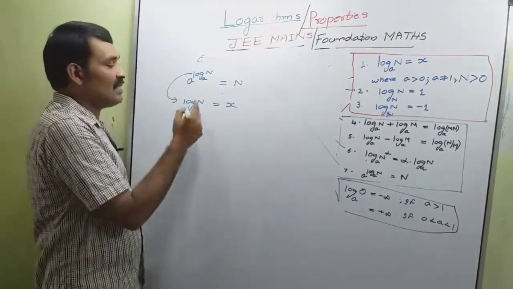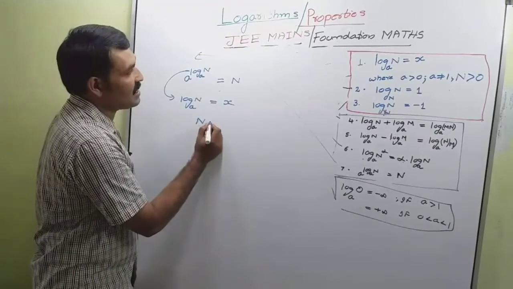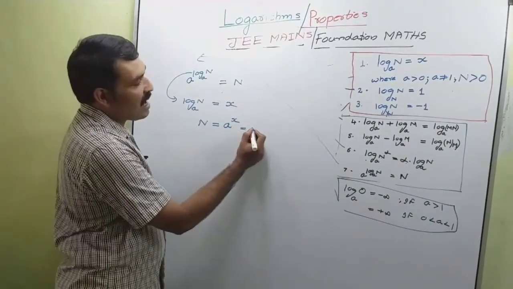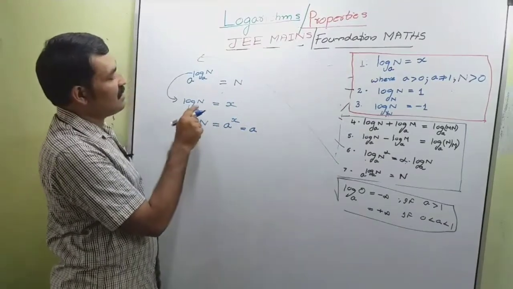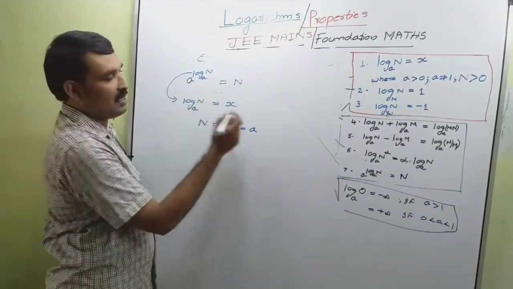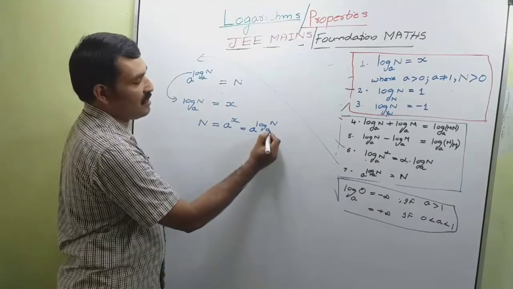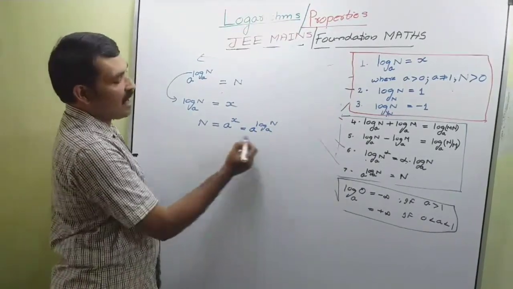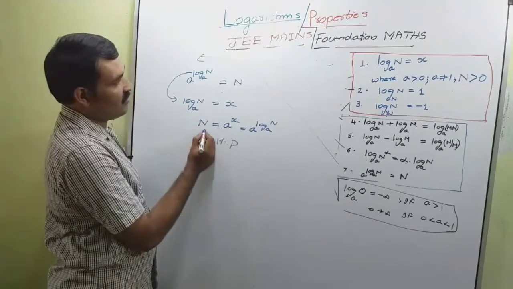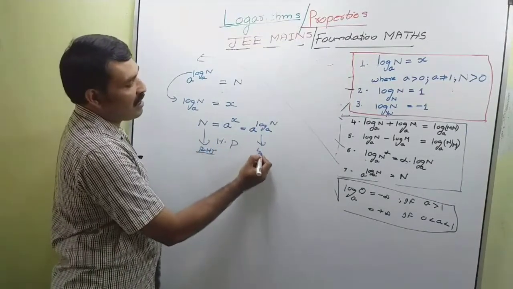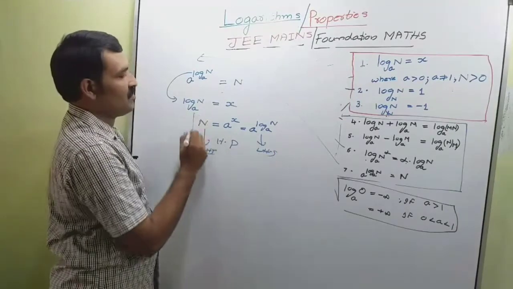Now, we can write this in exponential form as n is equal to a raised to x. This means a raised to x is a raised to log n to the base a. Okay. So, hence proved. This is our RHS and this is our LHS.